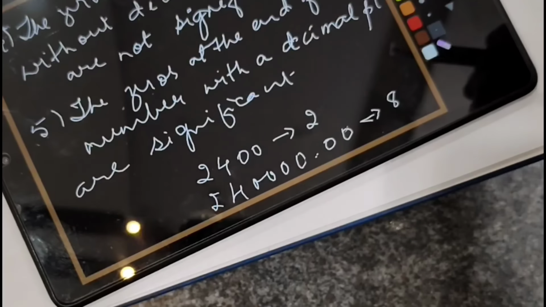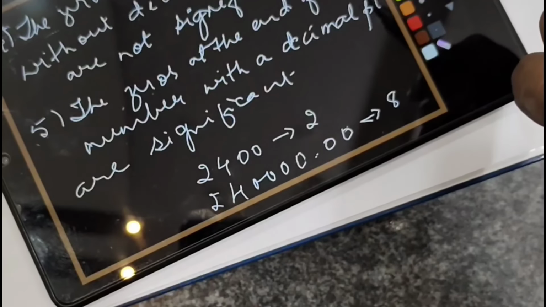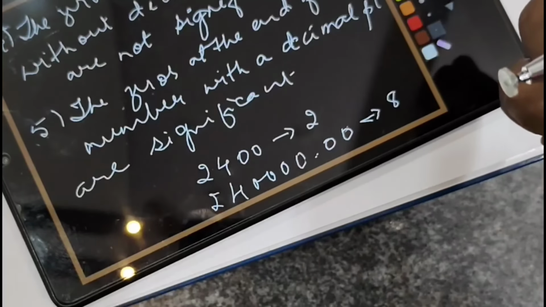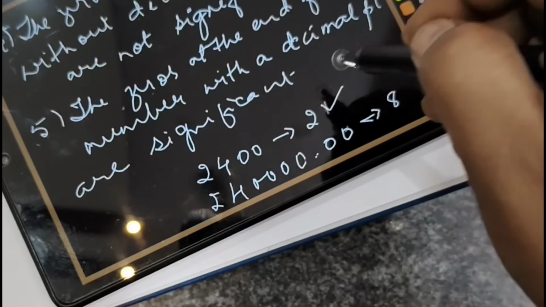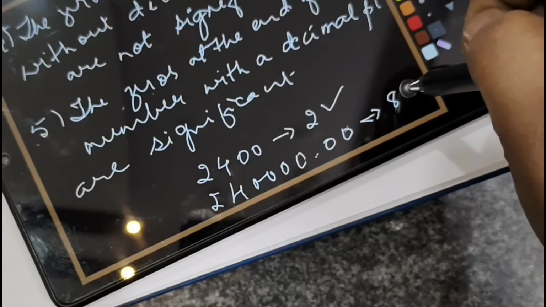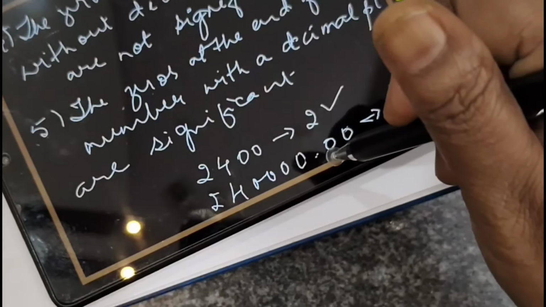Okay, so this is the magic and the trick of significant figures. This is the answer to the fourth point, and this is the answer to the fifth point.